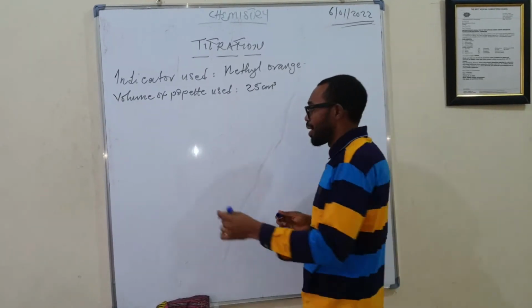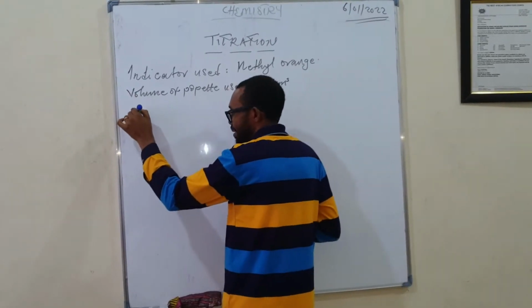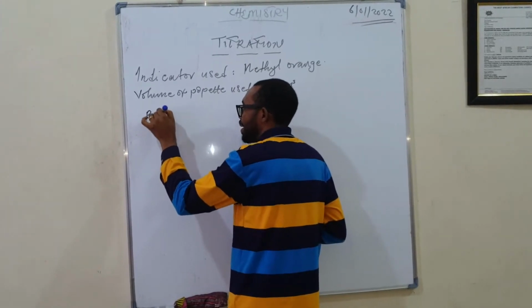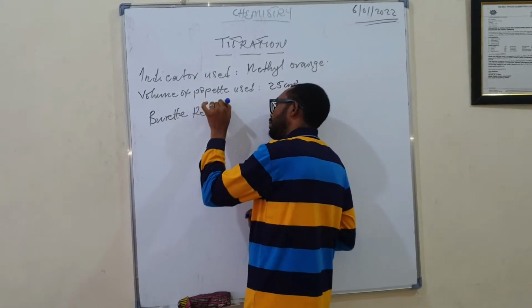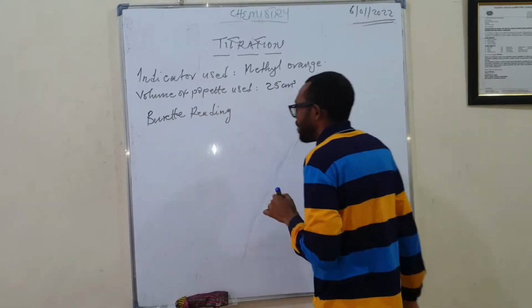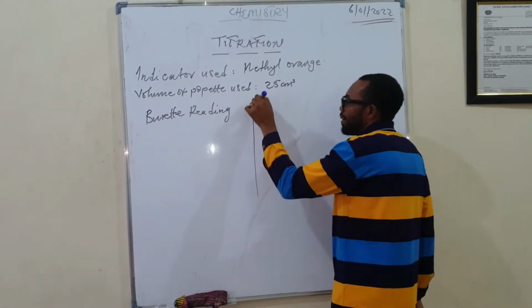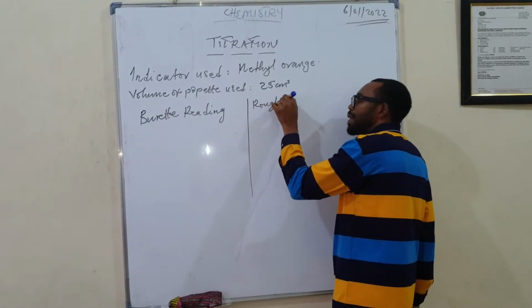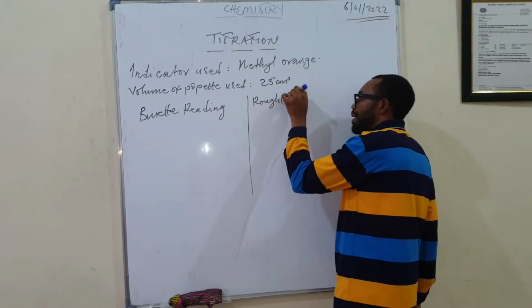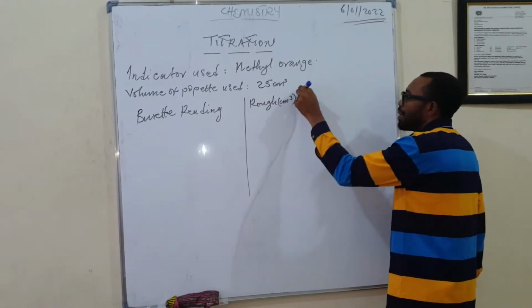The next thing to note is the table itself, which you begin by writing the burette reading. In the burette reading you have rough, in cm cube, please indicate in cm cube.